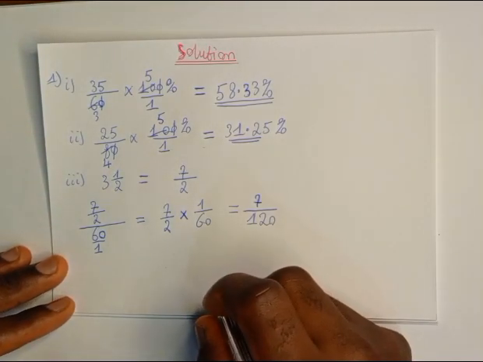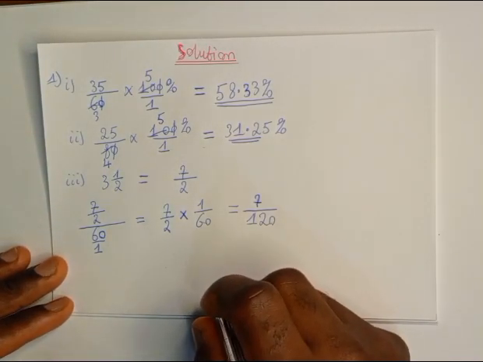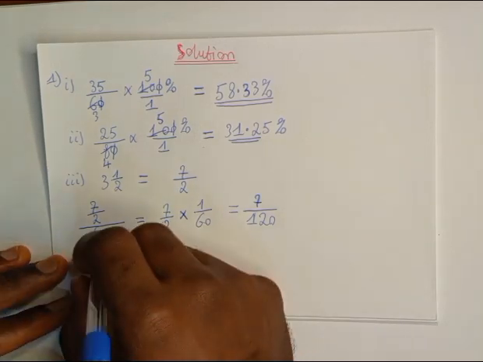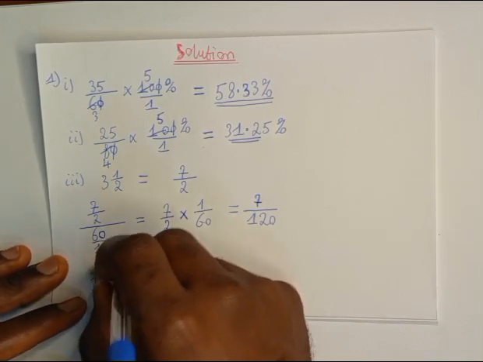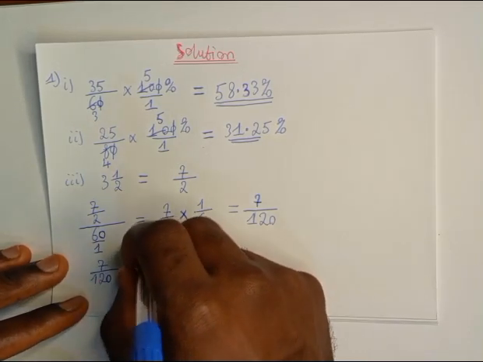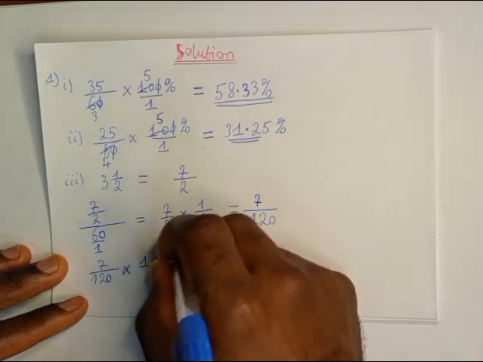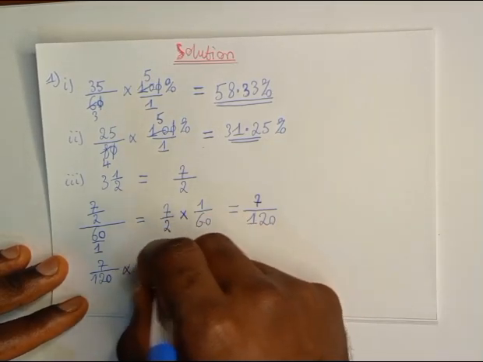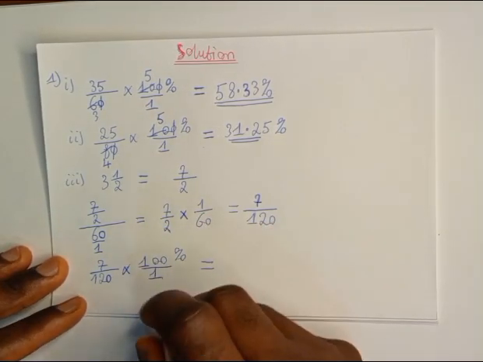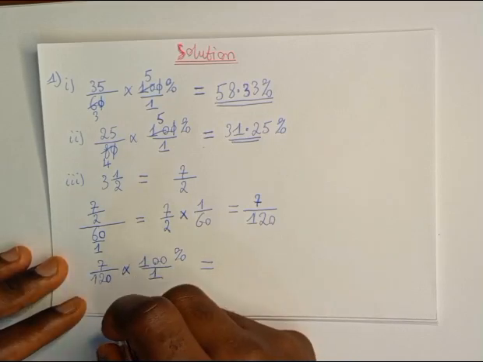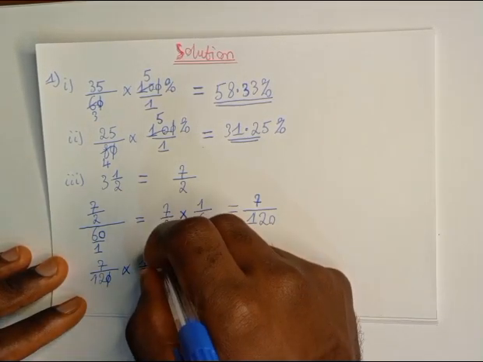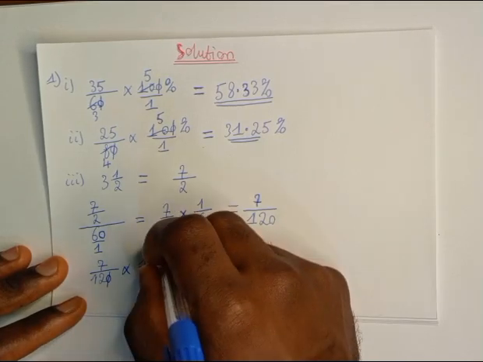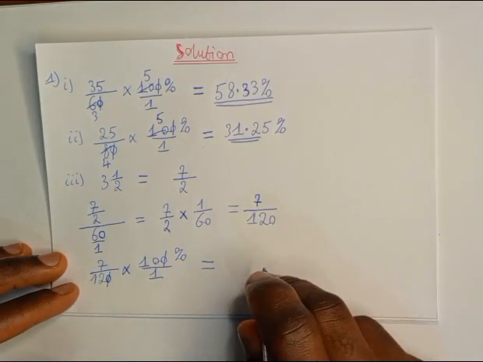Therefore, expressing 3.5 out of 60, it will simply be the same as multiplying the fraction 7 over 120 times 100% over 1. This will simply be equal to 10 will go into 120 12 times. 10 will go into 100 10 times.